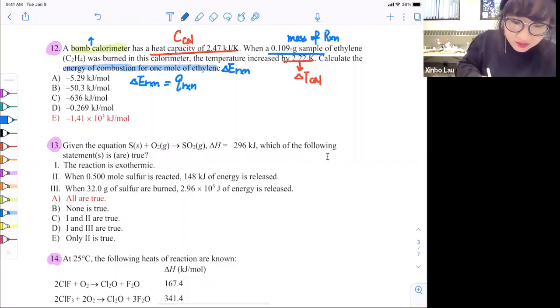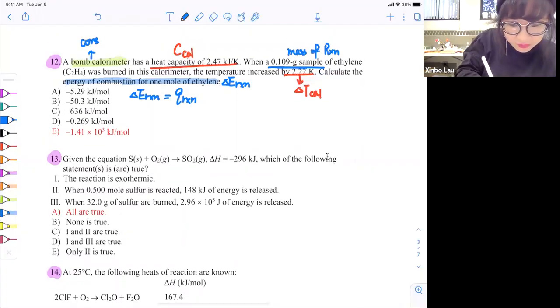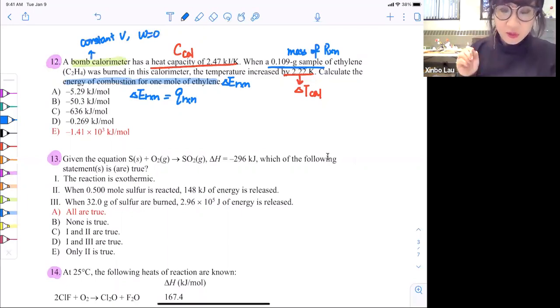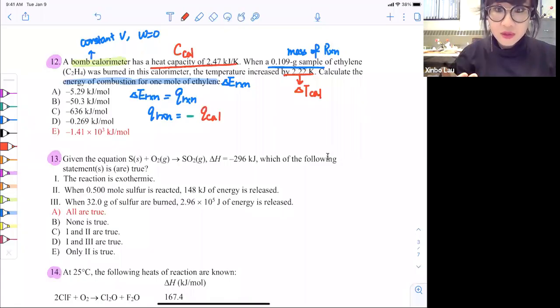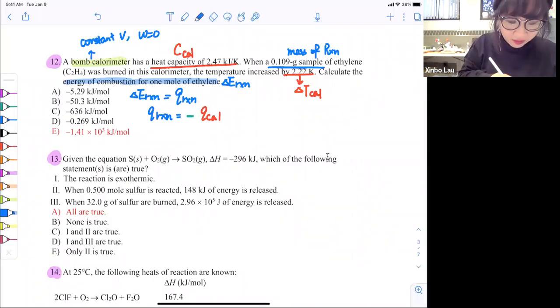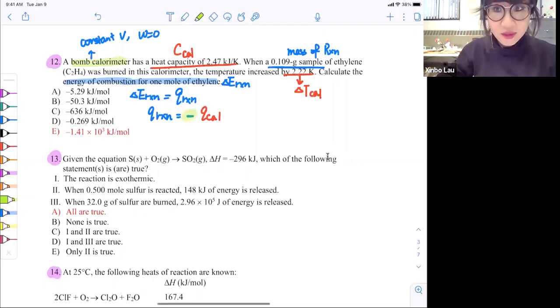Remember that's constant volume, that's why work equals 0. It's hard for us to look for information for the reaction, but we know the relationship between the reaction and the calorimeter is opposite: one absorbs, the other one releases. So this negative sign simply tells us they have the opposite relationship.